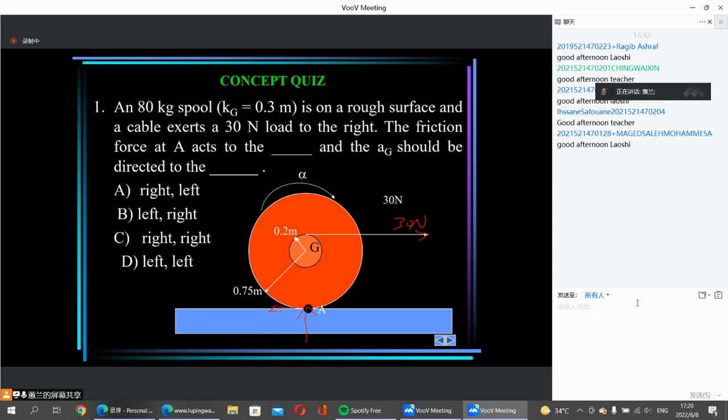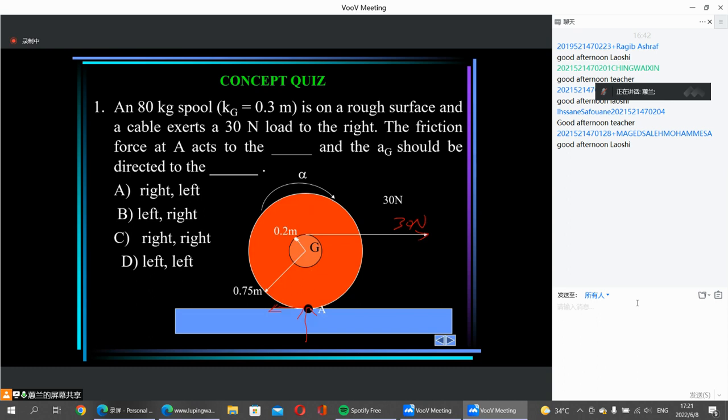We don't know. We just assume it's to the left. So sometimes we need to check. Okay, so maybe let's assume that there is no friction force.